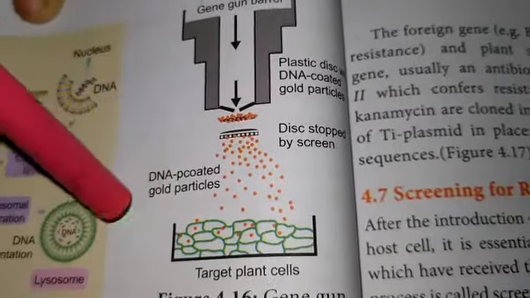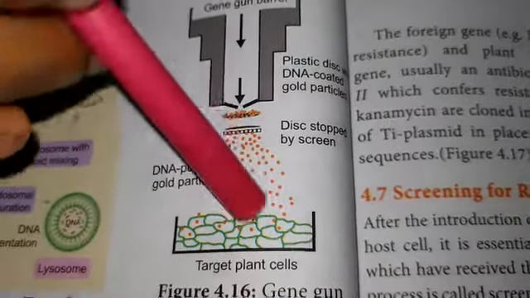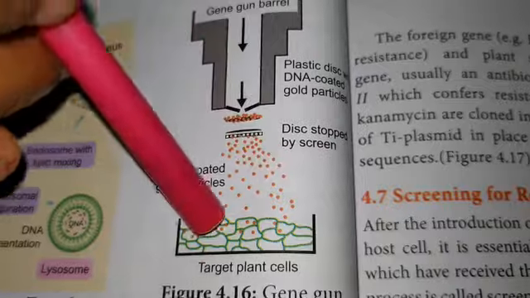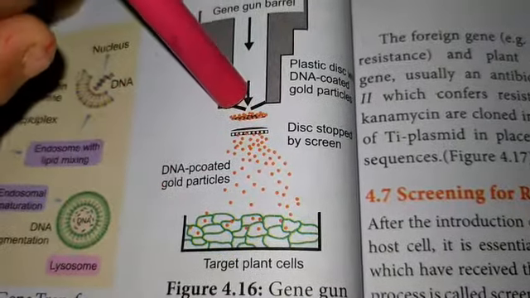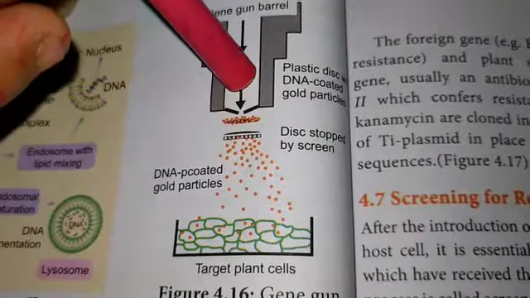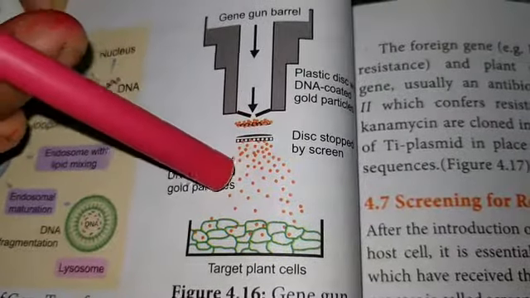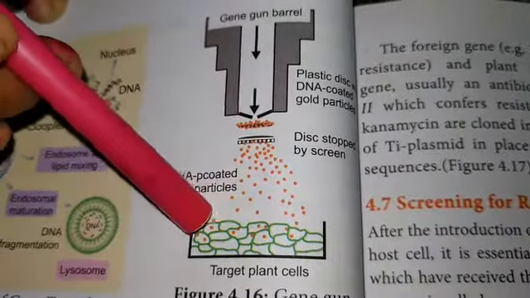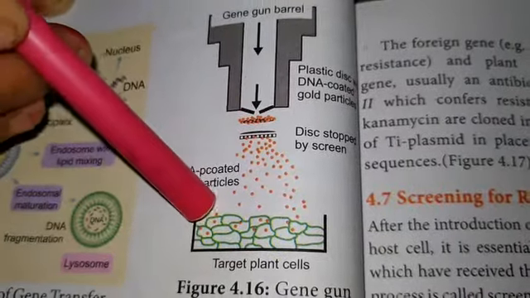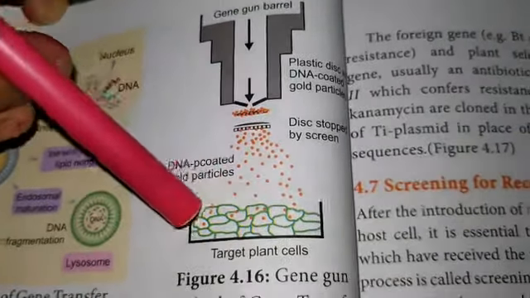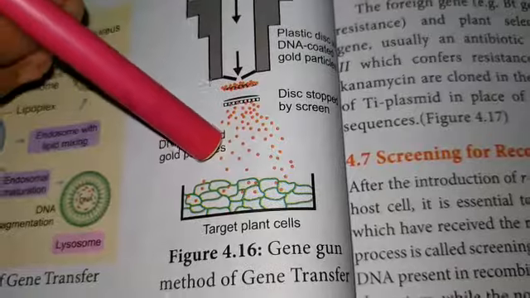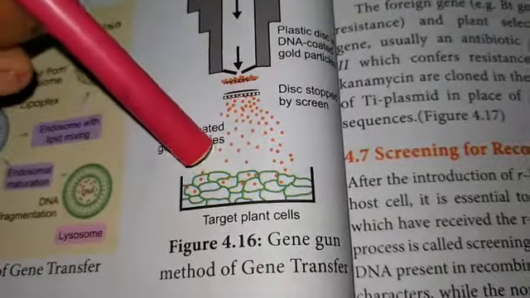The DNA coated gold particles enter the target plant cell. They act like a gun, supplying the recombinant DNA into the target plant cell. When these target plant cells are kept in a suitable medium, they can germinate into plants with the desirable quality.